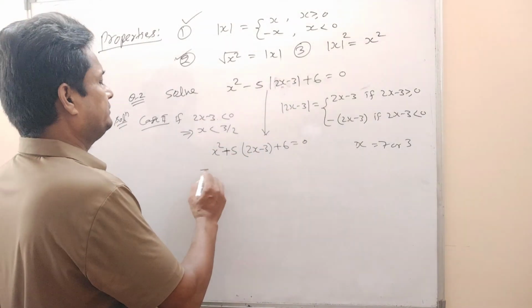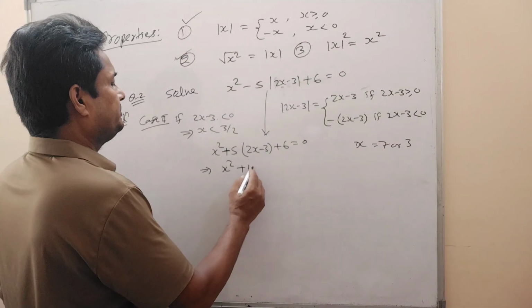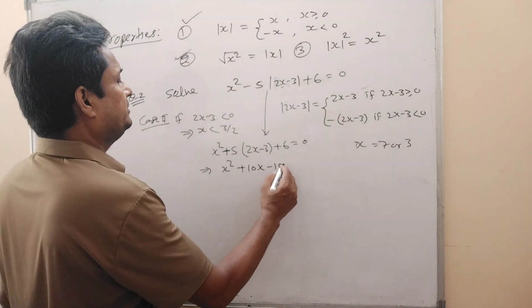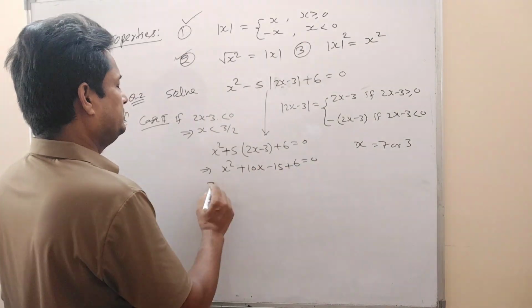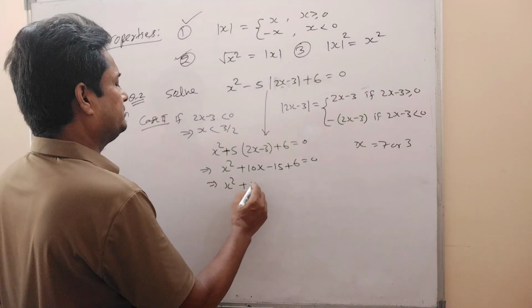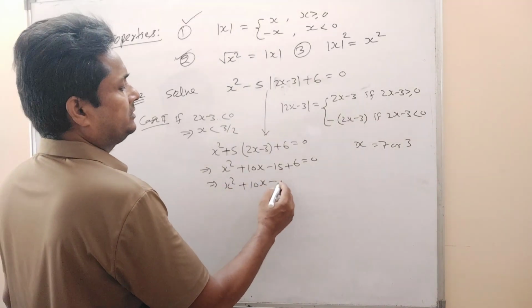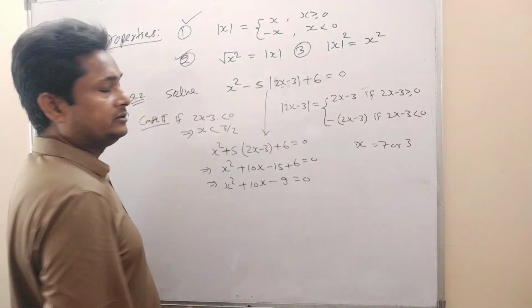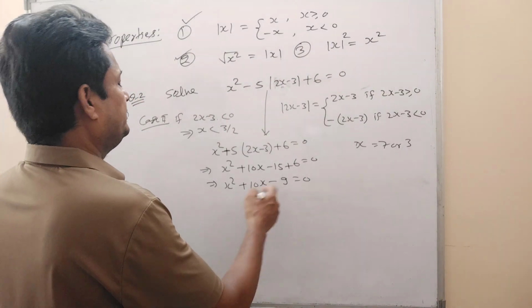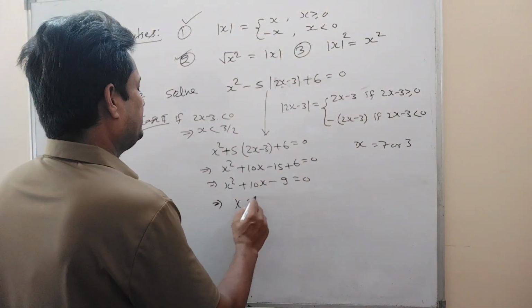Now simplify this. So this will be x square plus 10x minus 15 plus 6 is equal to 0. So this is x square plus 10x minus 9 is equal to 0.